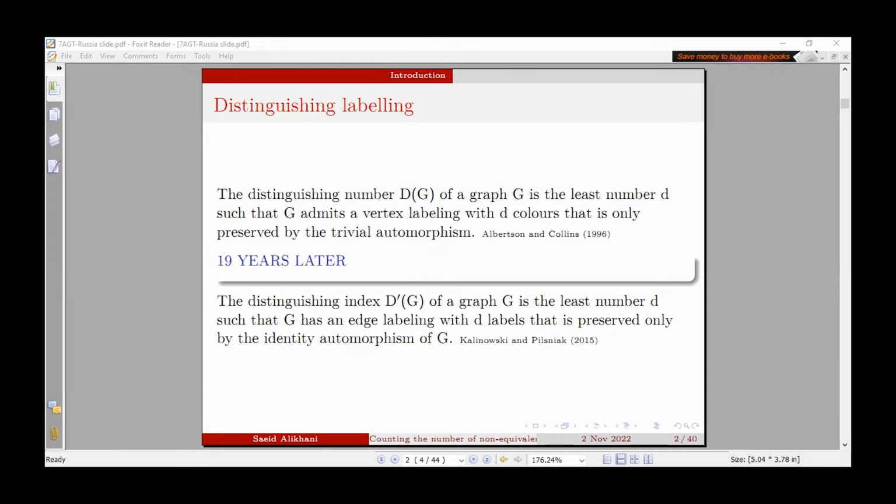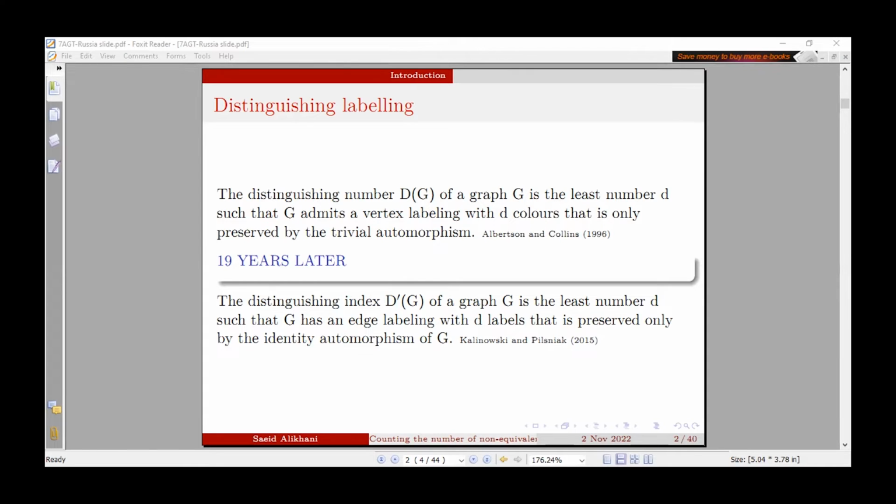So this pendant edge should have, for example, the color 1, but this one can be color 2, different from this one, and the other edges can be colored with 1 or 2. So again, the distinguishing index, or edge distinguishing number, of a path of length n minus 1, or order n, is equal to 2.